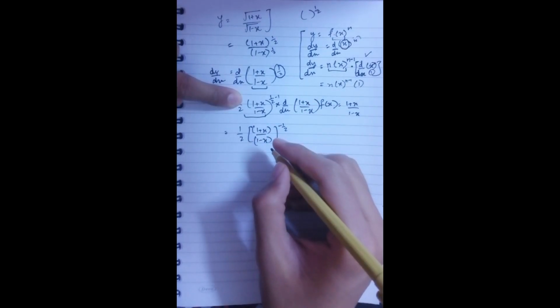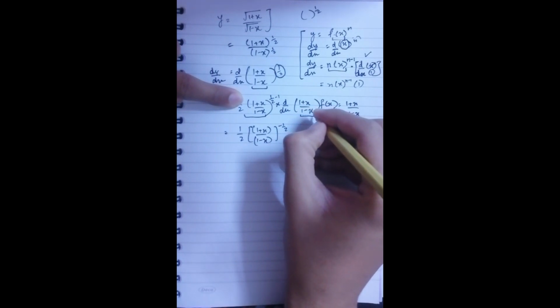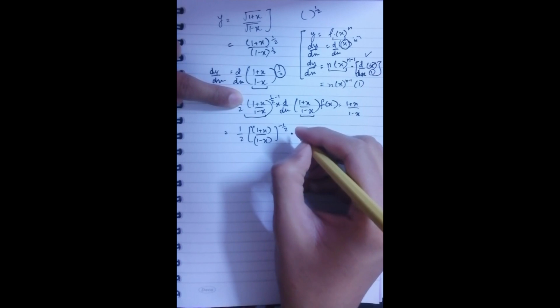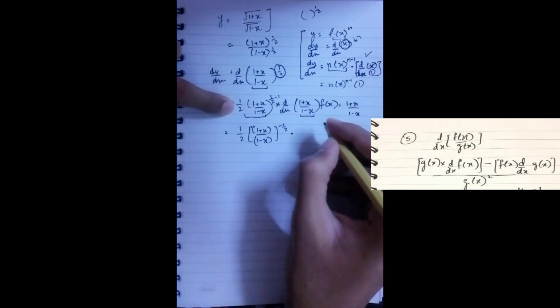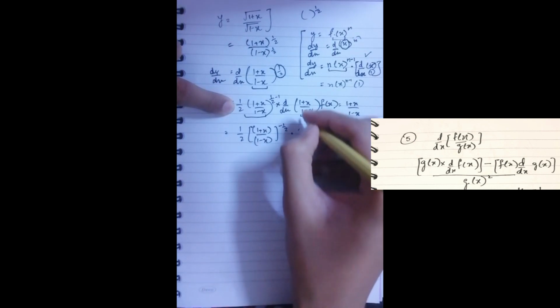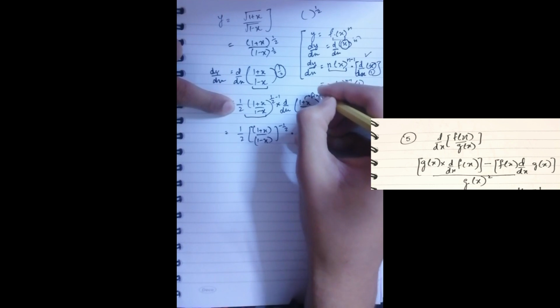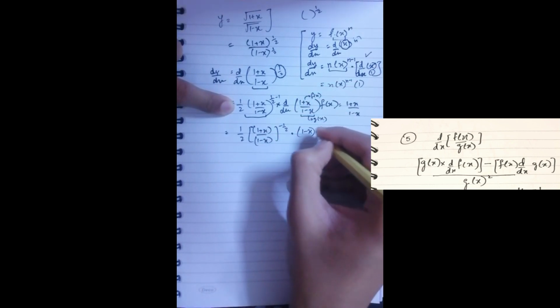And what would be the derivative of this angle? You can see that this is having a division. Okay, so what I can do, I can apply the rules of division for finding the differentials of functions which are being divided. So this is my g of x and this is my f of x. So g of x, 1 minus x, multiplied by the derivative of f of x.